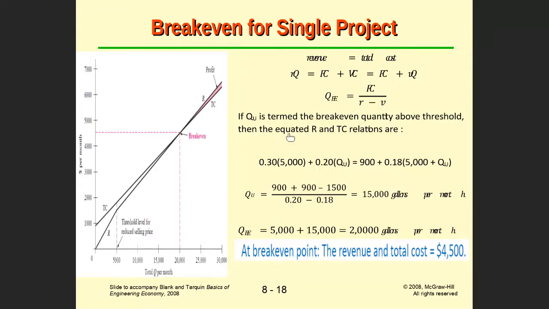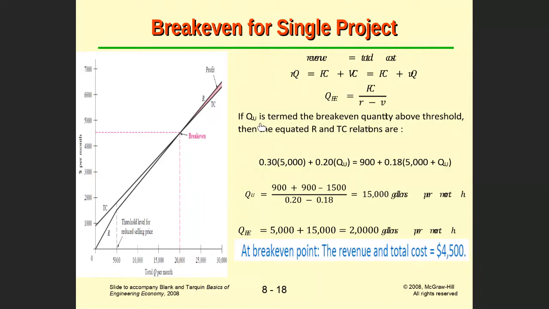When we use the quantity of the break-even, the QU, we are going to use it as an identification for the quantity above the threshold, or above the 5,000.